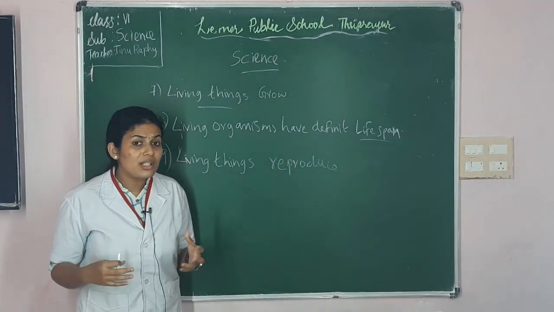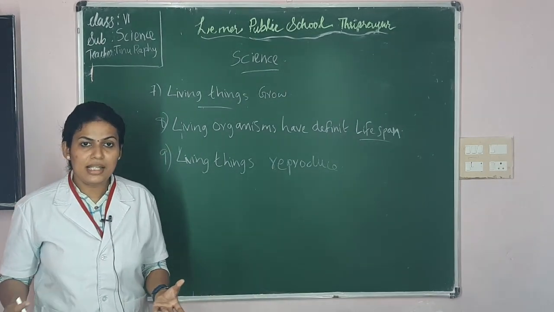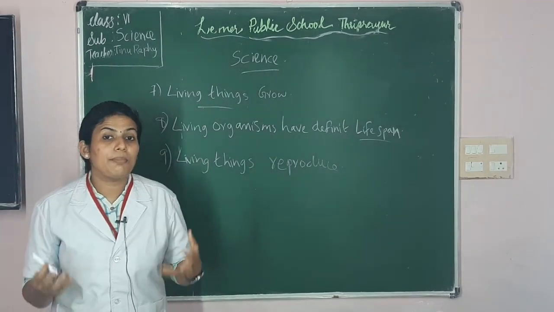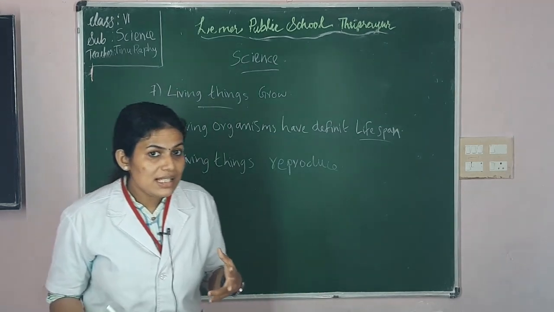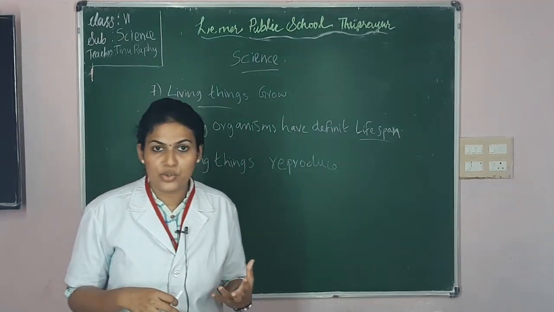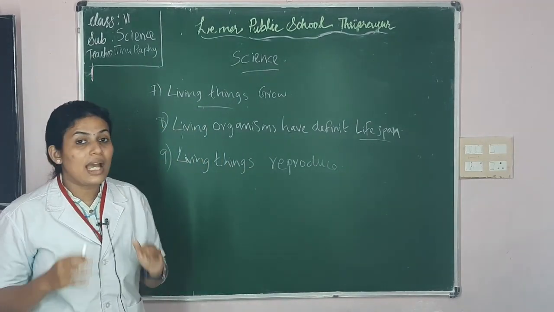What is reproduction? Reproduction is the multiplication of the organism, isn't it? The organisms expand in number by the reproduction process. The plants reproduce by producing seeds and also show asexual reproduction and vegetative reproduction. So that is the property of living organisms, that is, living organisms reproduce.